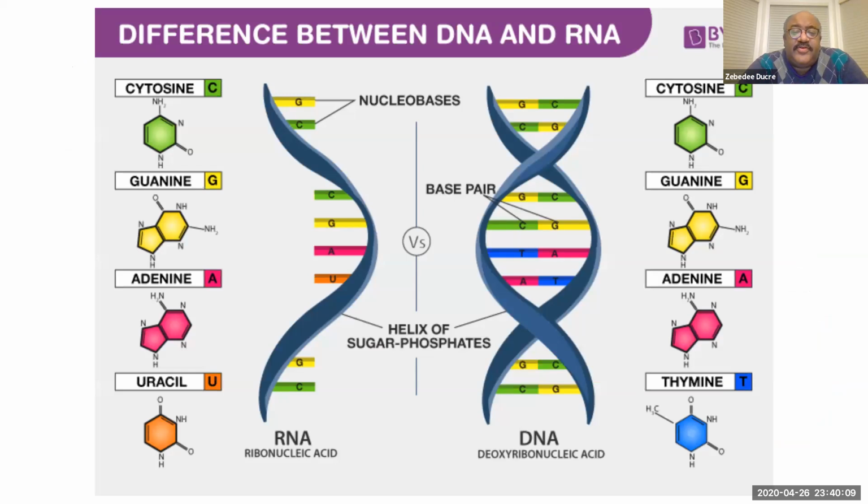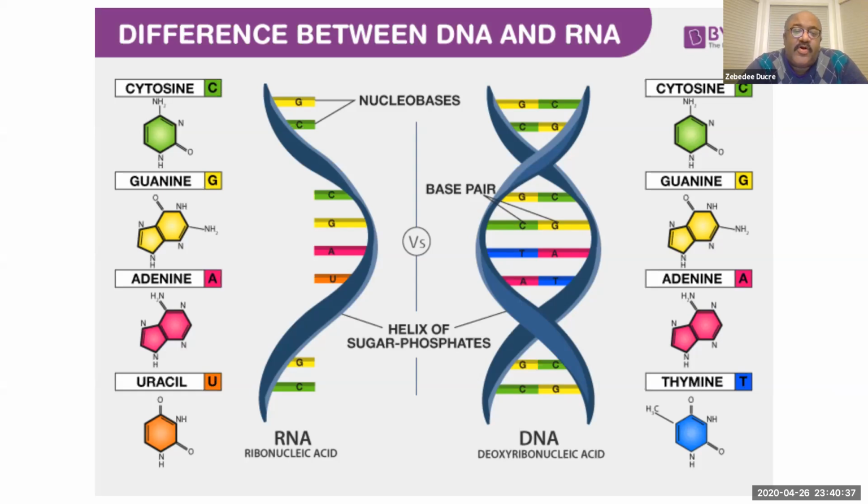Another difference, and this is a big difference between DNA and RNA, is obviously, as you can see, RNA is single-stranded and DNA has a double helix or a double strand. So if you had one strand on top of each other for DNA, the bottom strand is a complementary strand of the top strand.